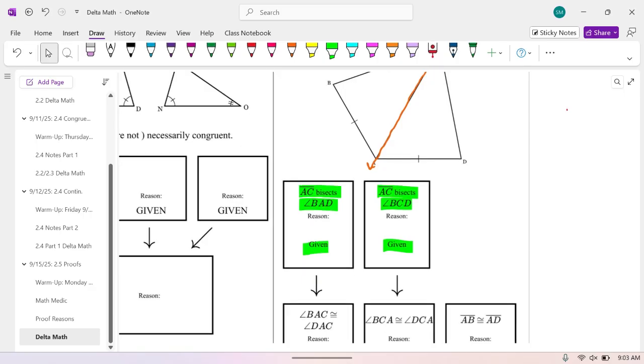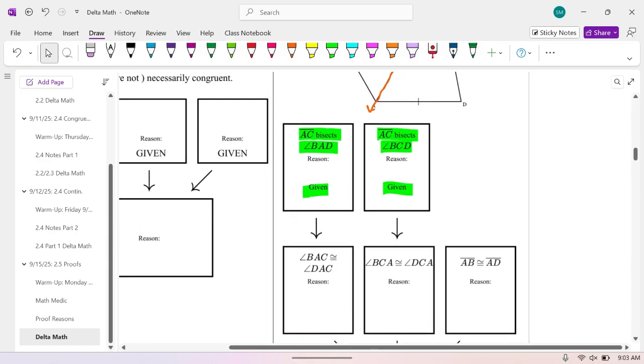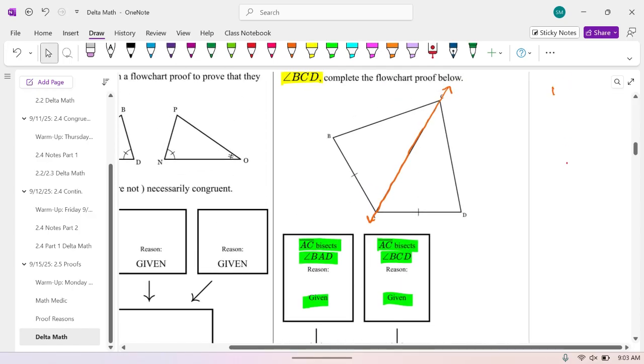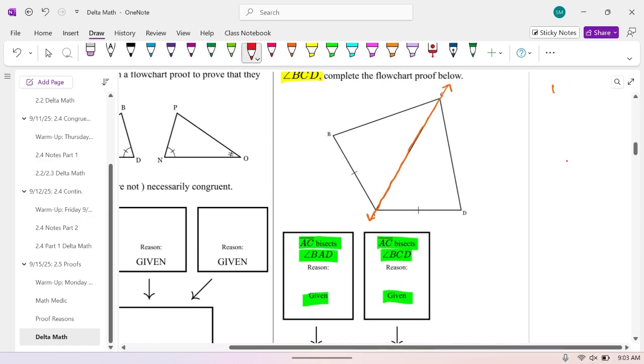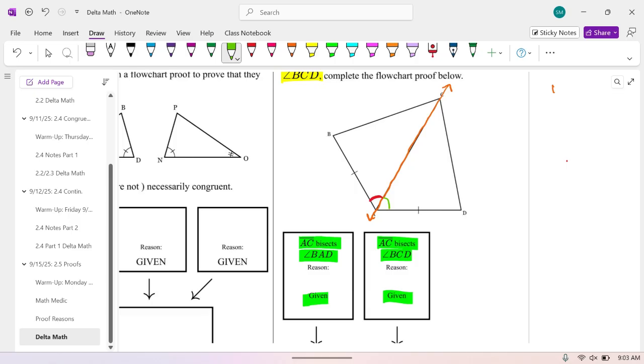So given that AC bisects angle BAD, they're stating that angle BAC is congruent to angle DAC. So if I come up here to mark it, they're saying angle BAC, so this one right here, is congruent to angle DAC, so this one right here.